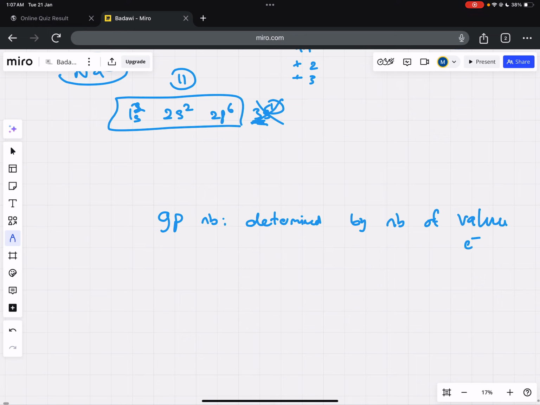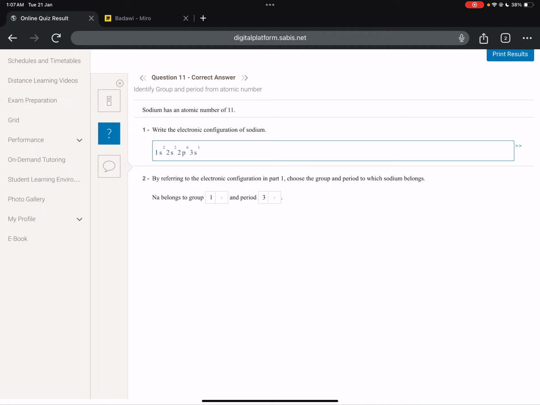They are the electrons found in the outermost shell. While period number will be the highest n. Very simple. So we look at the outermost shell, it's 3. How many electrons does it have? 1. So it is group 1. And then for the period number, we look at the highest n, which is 3. So it is period 3.